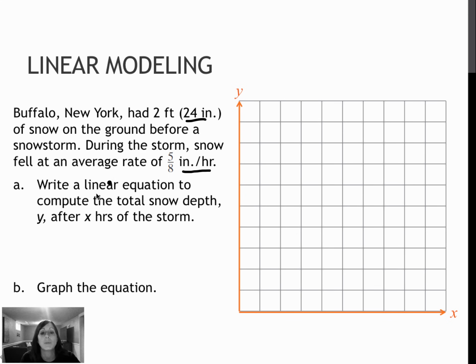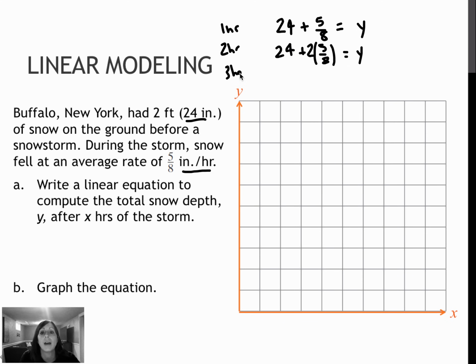So a lot of people really struggle with, well, how am I supposed to write that as an equation? So think about if it was just 1 hour. I would take 24 and I would add 5/8 for 1 hour. And if I added that together, that would give me y, which is the snow depth after an hour. For 2 hours, I would still have my 24, but I would add 2 times 5/8 because each hour is going to be 5/8, and there were 2 hours.